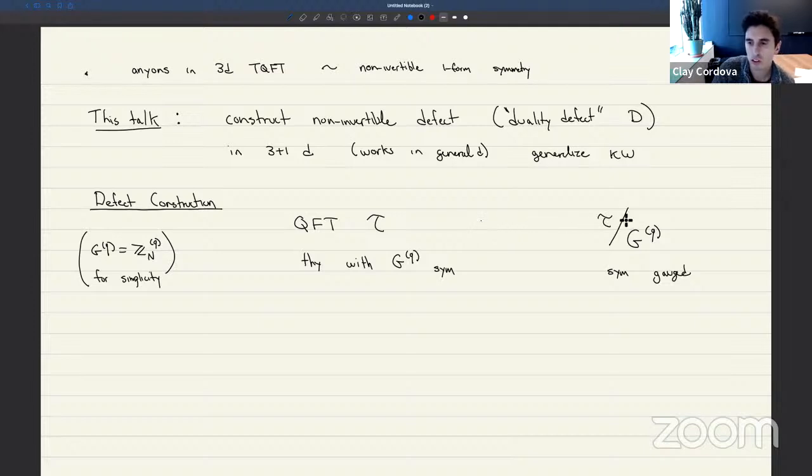And in general, this theory, T and T mod G, are different theories, but we will assume that there is a duality. So this is our input in the construction: a duality. For now, I'll take this as a given, and we'll see that we could use it to construct something interesting.